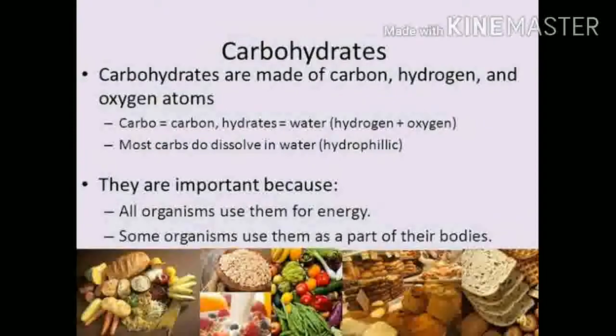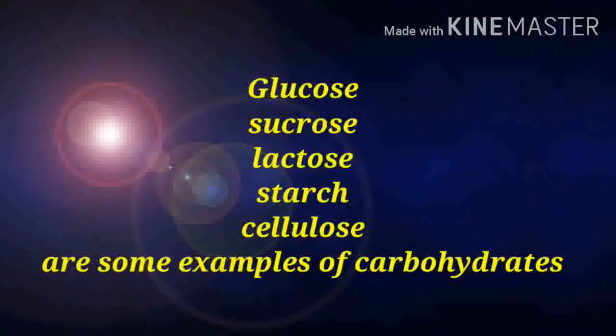That is, all organisms use this carbohydrate as a source of energy for their body. Even some living organisms have a source of carbon in the body itself. Is it clear? Okay.